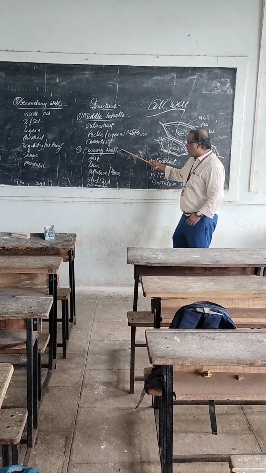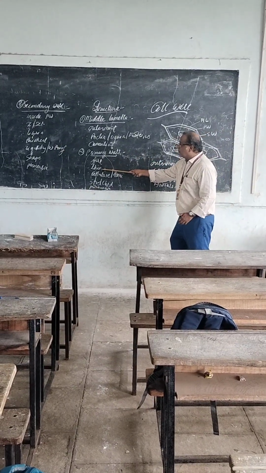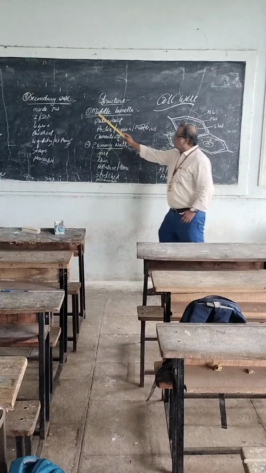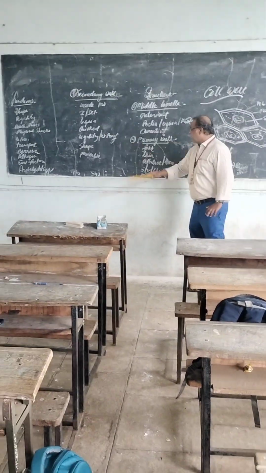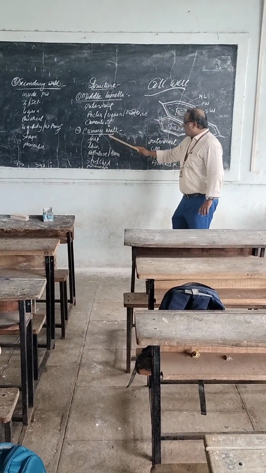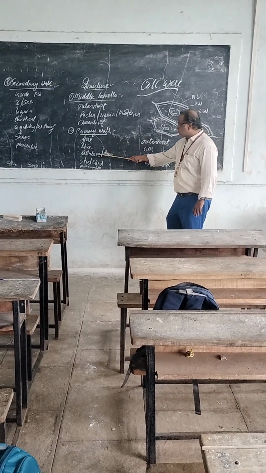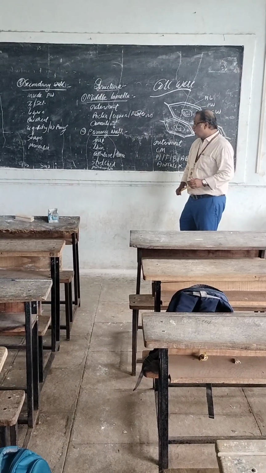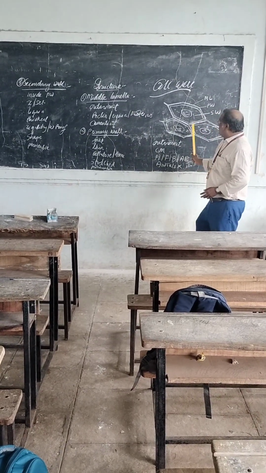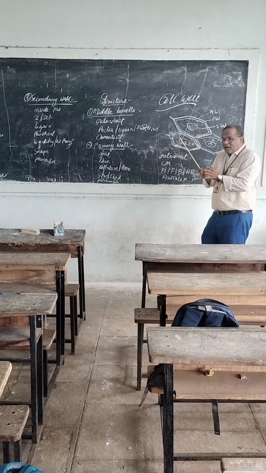The primary wall is a very thin layer, while the secondary wall is the thickest layer. It is made up of cellulose and hemicellulose. And the primary wall is thin and flexible.